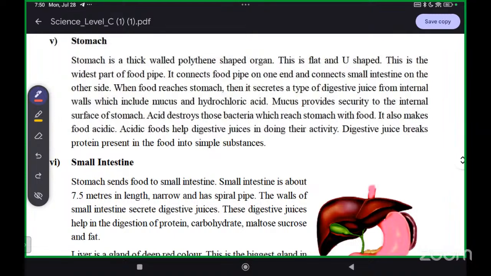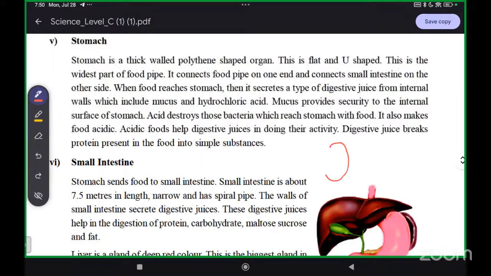When food reaches the stomach, it secretes a type of digestive juice from the internal walls, which includes mucus and hydrochloric acid. It is C-shaped because it looks like this, the stomach.